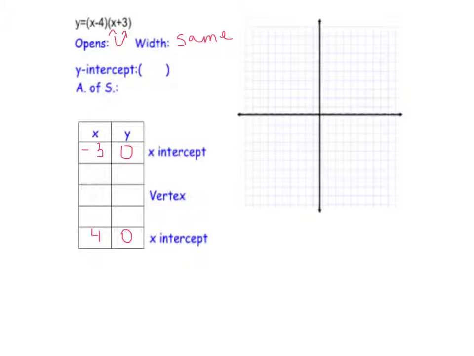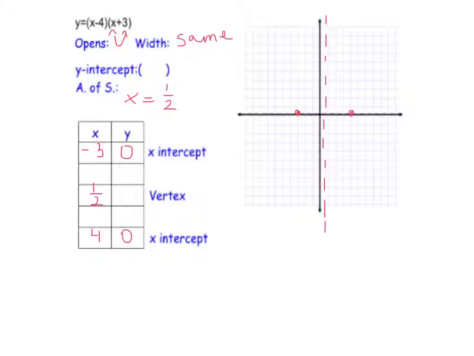So I plot those 2 points, negative 3 and positive 4, and find the value halfway between them, which is 1/2. So I'm going to graph that axis of symmetry, x equals 1/2.